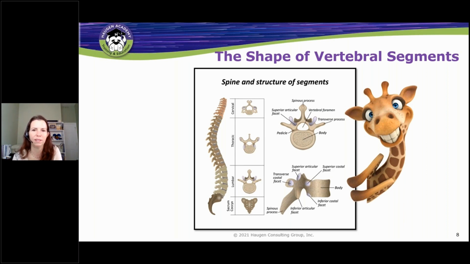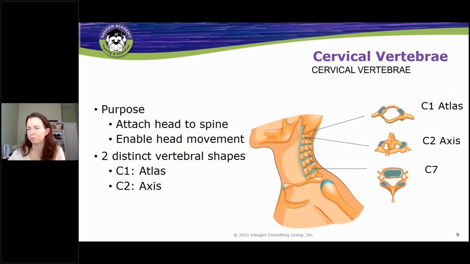The only segments that are truly distinct are C1 and C2, so your first cervical vertebra and your second cervical vertebra. And we're going to discuss these on the next few slides. So I find these bones particularly interesting. They are actually kind of amazing.